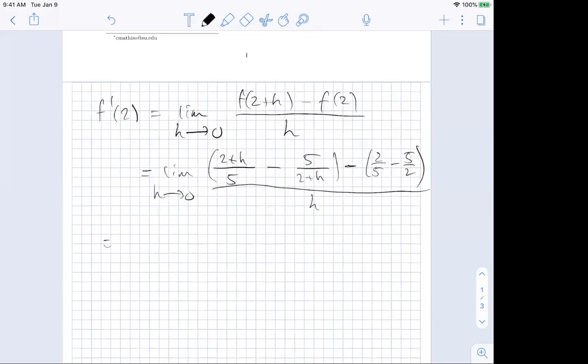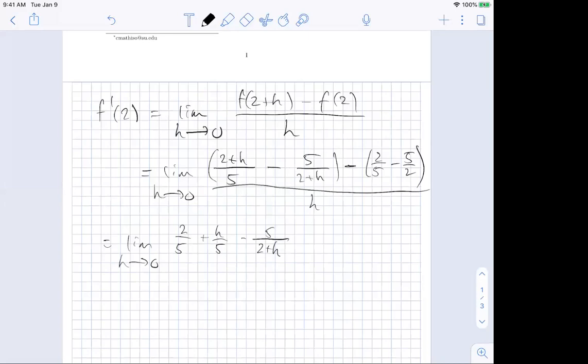So where should I go from here with this limit? The limit as h approaches 0. Well, I need to simplify stuff, right? So 2 plus h over 5, that's the same thing as 2 over 5 plus h over 5. Okay. And then minus 5. I can't do anything else other than 5 over 2 plus h.